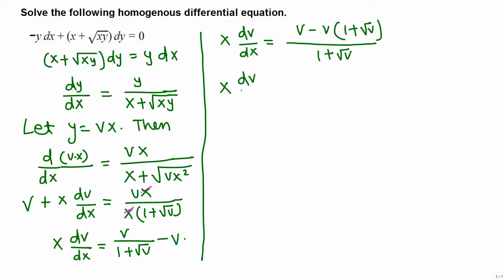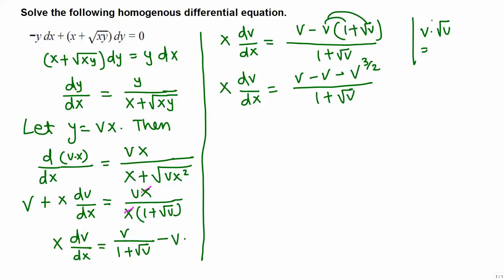x dv over dx equals, over 1 plus root v. Okay, do not cancel v and v, so we need to distribute v minus v times 1 plus root v, that's v minus v minus v times root v, so that's v raised to 3 halves, because v times root v, that's v raised to 1, v raised to 1 half, so v raised to 1 plus 1 half, 3 halves.